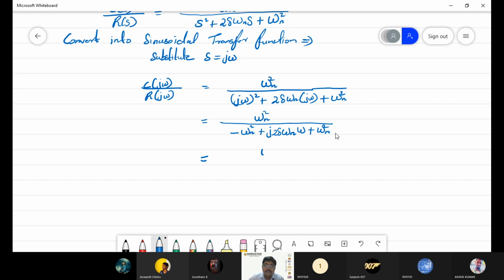Here omega n square you can put it. Now I am taking that omega n square outside so that I can cancel each other. So the first term, I think I made a small mistake here.